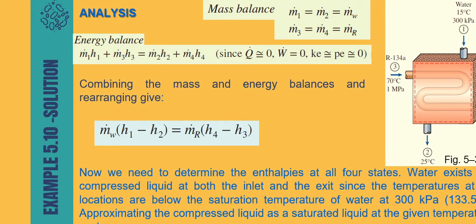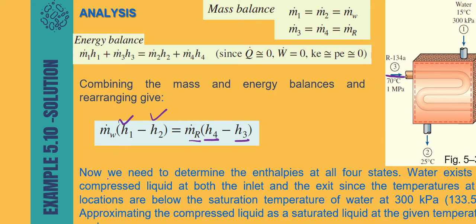You put water on the left side and the other fluid, your refrigerant, on the right side. Now you can find the value of enthalpy h1 and enthalpy h2, and next you need to determine the enthalpy h3 and h4, in and out. So now we do it one by one.